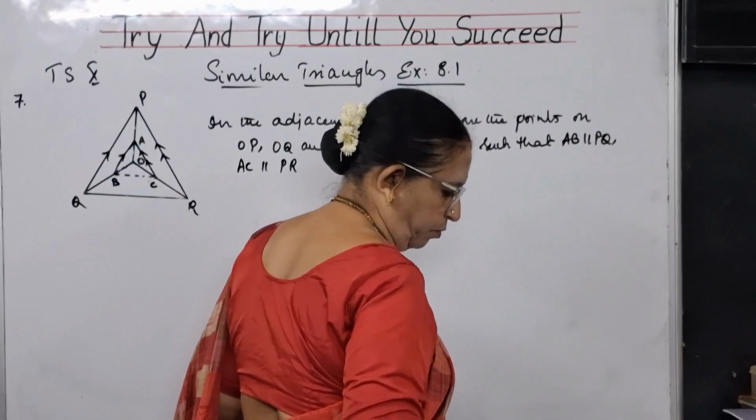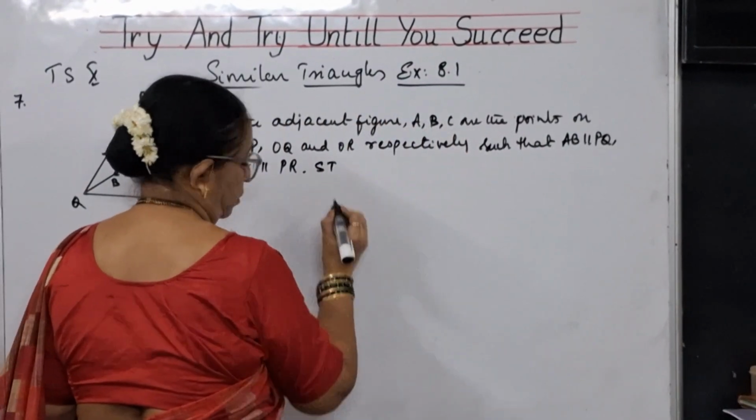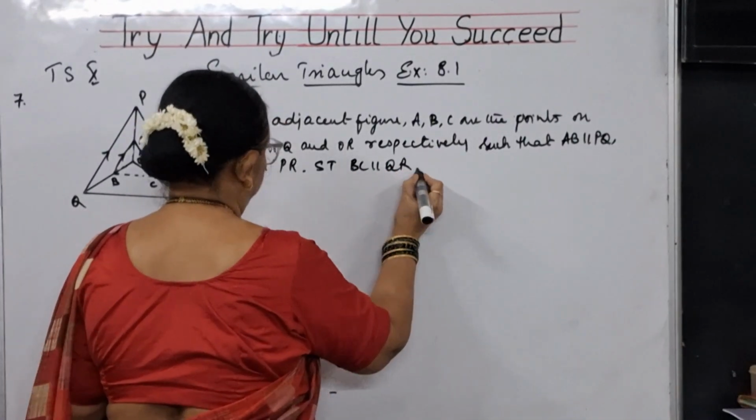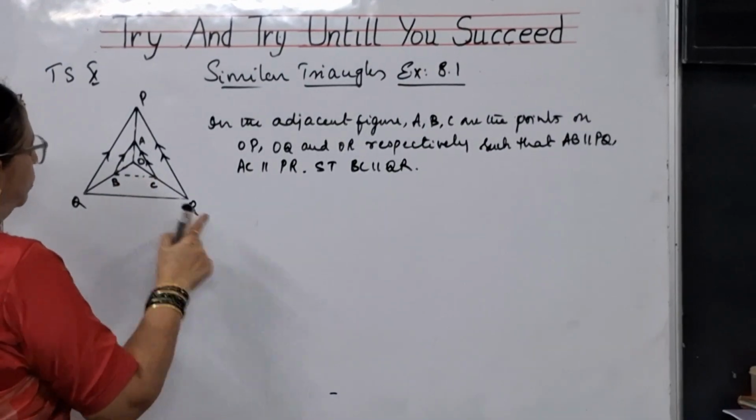Now what you need to do? Show that BC is parallel to QR. You have to show that BC is parallel to QR.